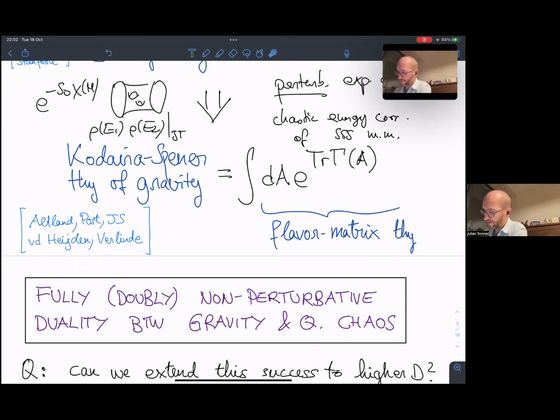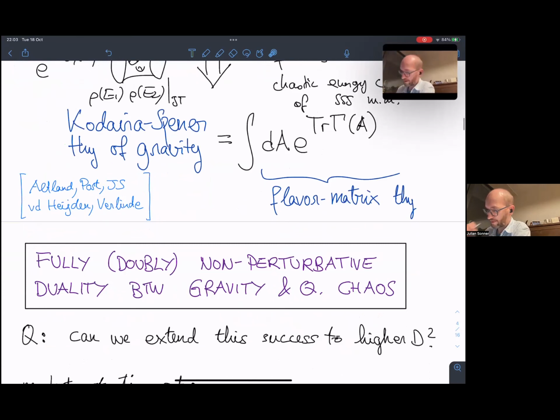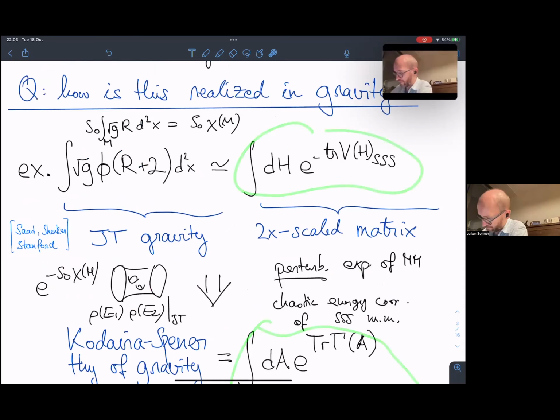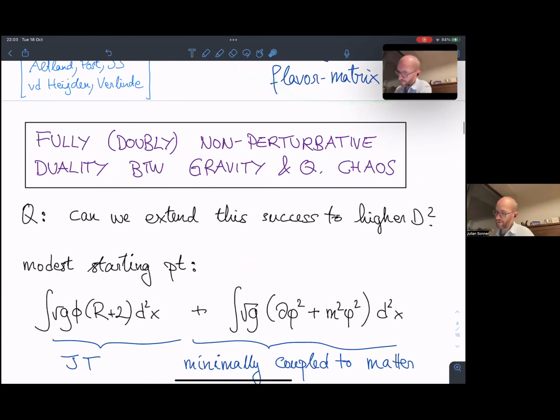And we basically were able to show that there is some non-perturbative formulation of JT, which we call the Kodaira-Spencer theory of gravity. And this is really completely equivalent to the non-perturbative chaotic correlations that you can have in this spectrum. So there is basically a fully doubly non-perturbative duality between gravity and quantum chaos.